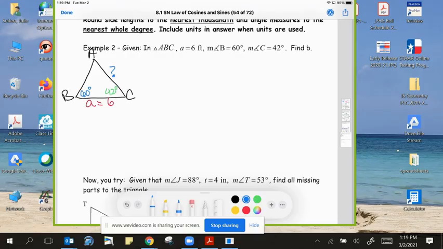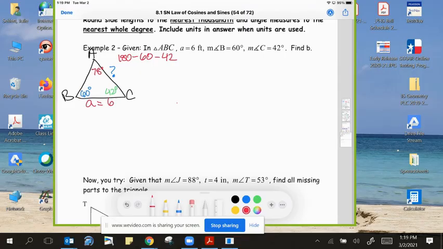Now, we can actually get there because we have angles B and C. We can find angle A. So 180 minus 60 minus 42 means that angle A is 78 degrees. So we have the A's that we can use in this setup.